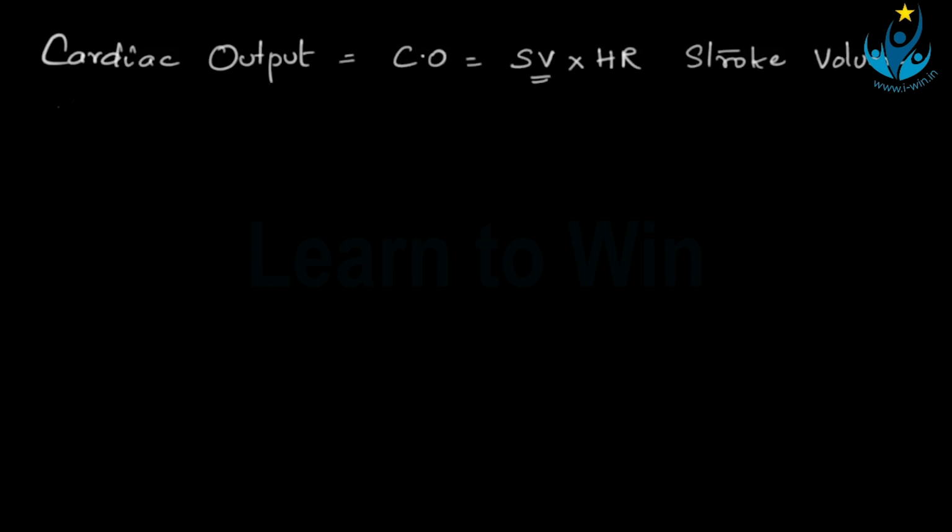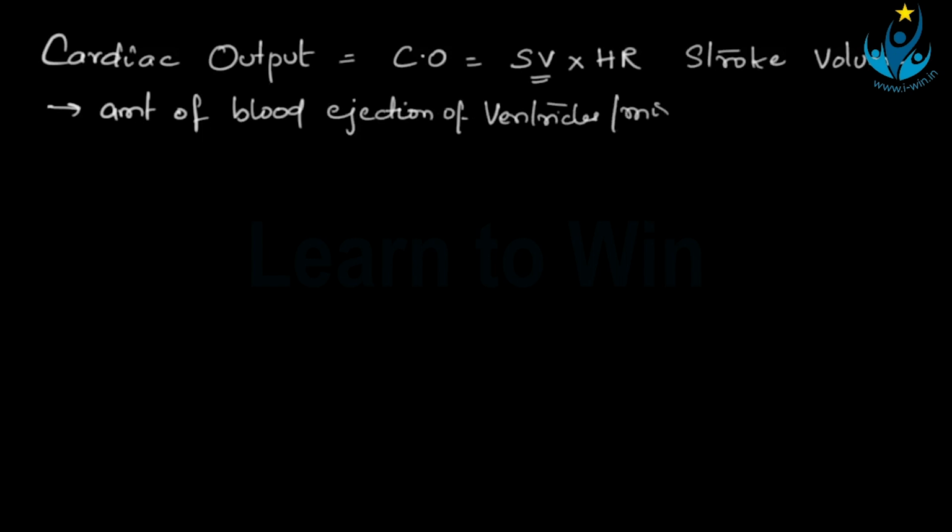Cardiac output is defined as the amount of blood ejected by the ventricles per minute. In a minute, how much blood will the ventricles be ejecting, whether it is the right ventricle or left ventricle, that is our cardiac output.